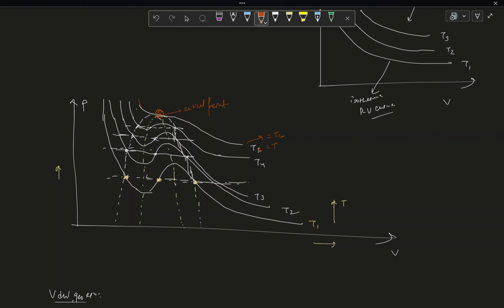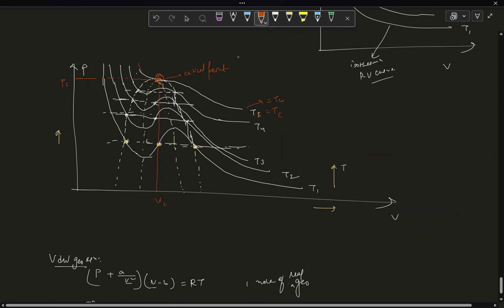So here, if you mark it as T5, this will be nothing but Tc, which is the critical temperature. And the pressure and the volume corresponding to this point, so here the pressure is P equal to Pc, and let us call the volume at this point Vc. So this is the critical point value, Pc comma Vc.